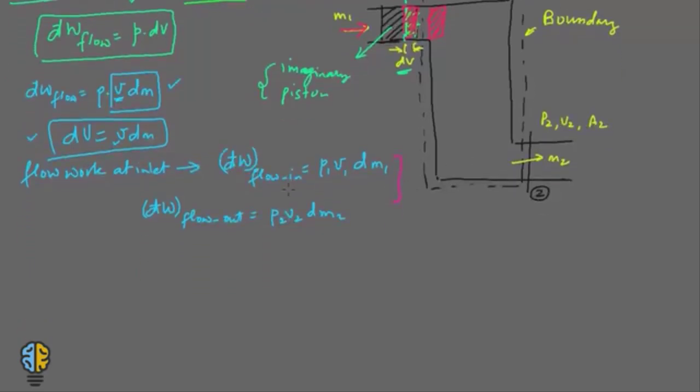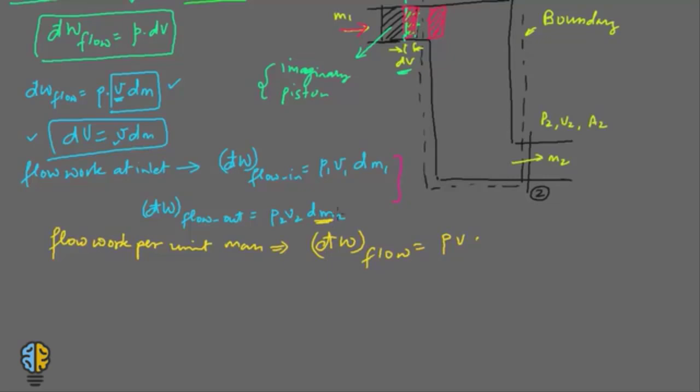Now if you find out the flow work per unit mass, that would be equal to dW flow, and this would be equal to PV.